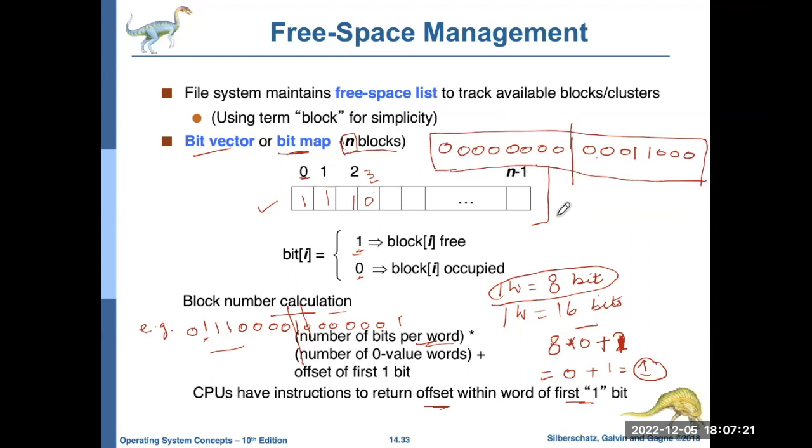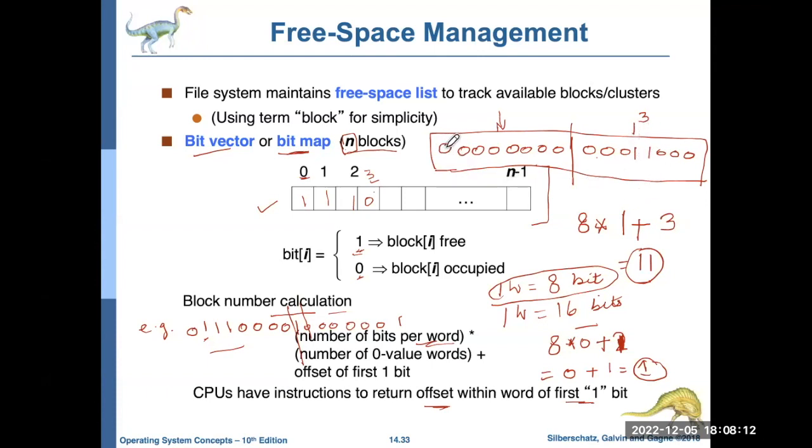First of all, again, the number of bits per word is 8, into the number of zero valued words. This first word is a zero valued word, because all are zero, so we say 1. 1 zero valued word, plus the offset of the first 1 bit. The offset of the first 1 bit here is 3. So it is 8 plus 3, which is 11. So index 11 in this bit vector is the first block which is free.